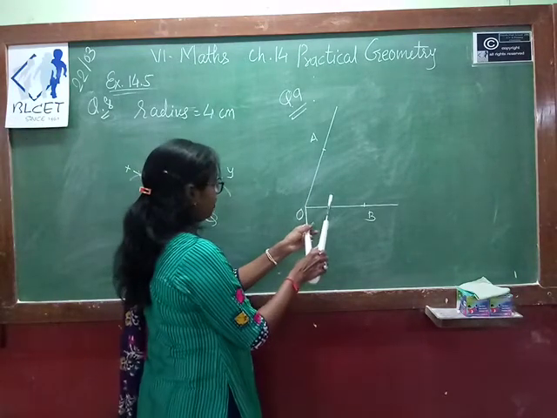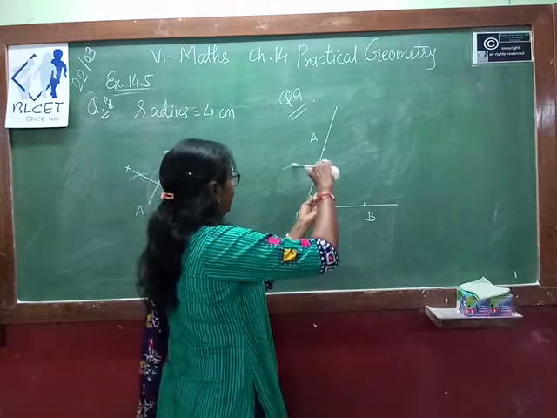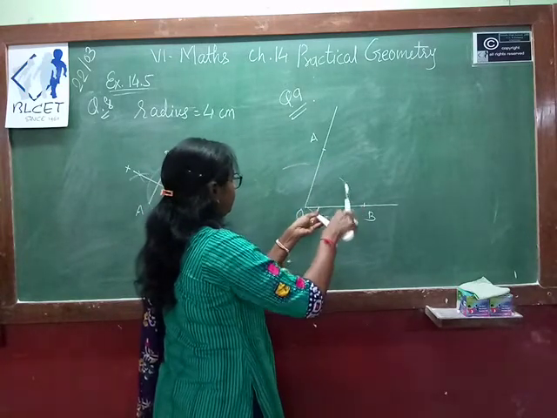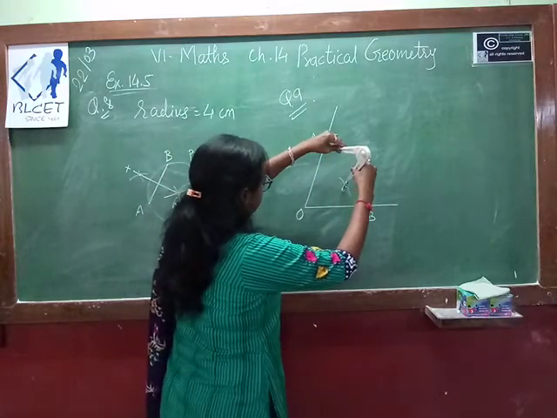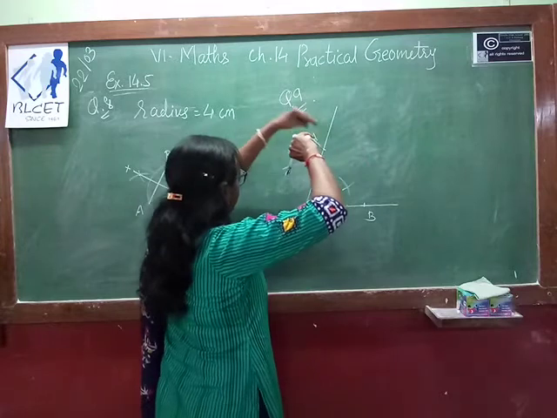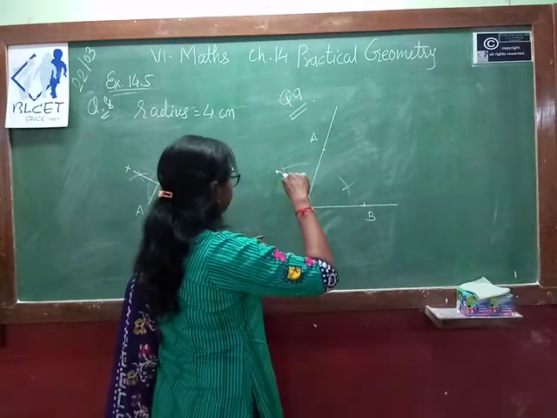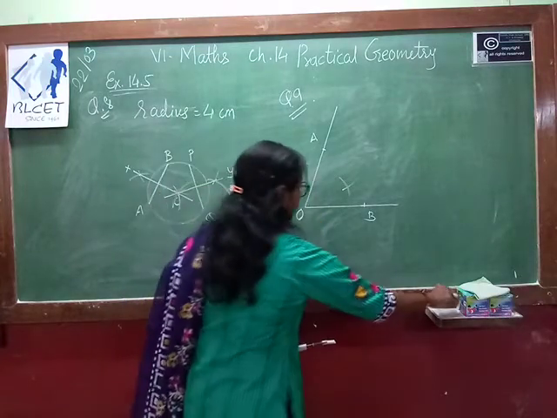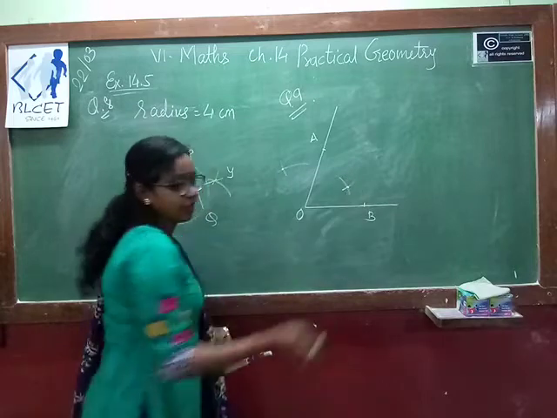So take more than half measurement. Draw an arc above and below. Same from here, above and below. So you are getting 2 points. Join them.